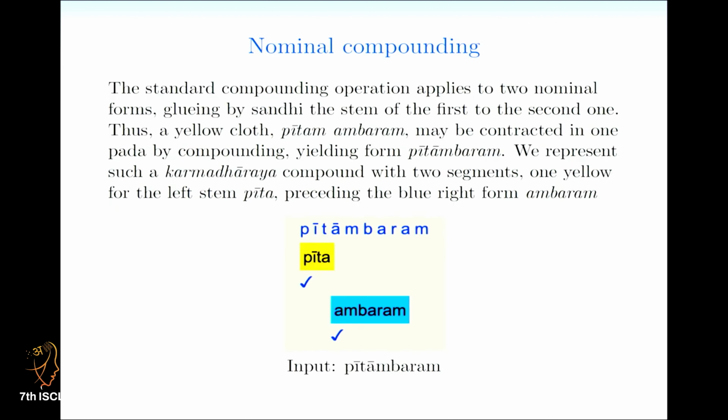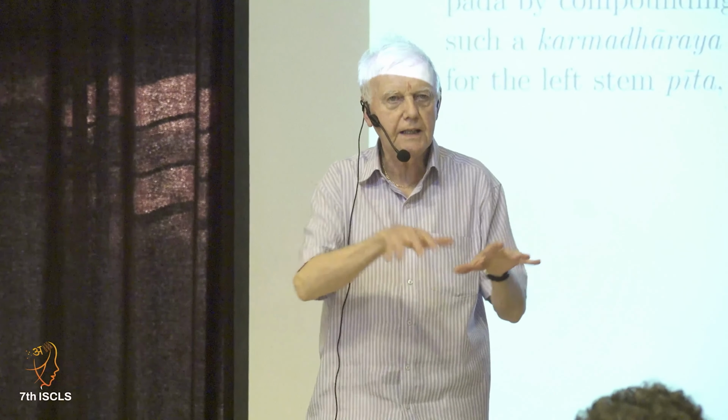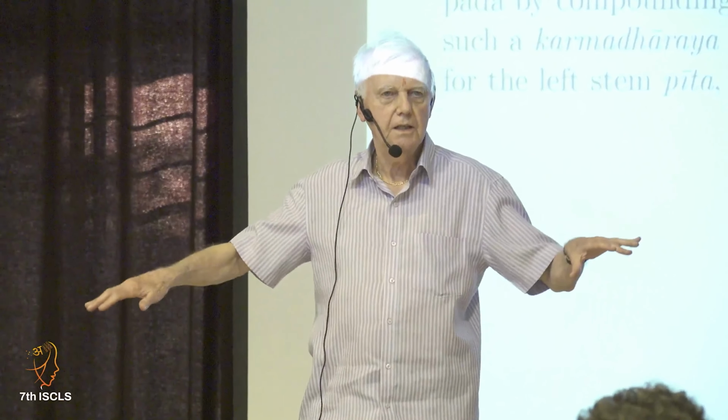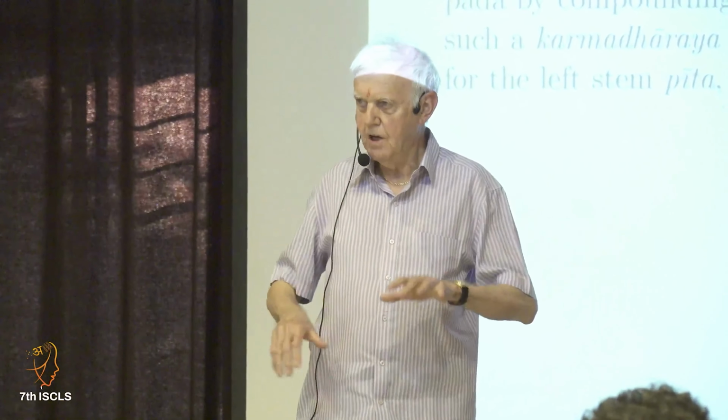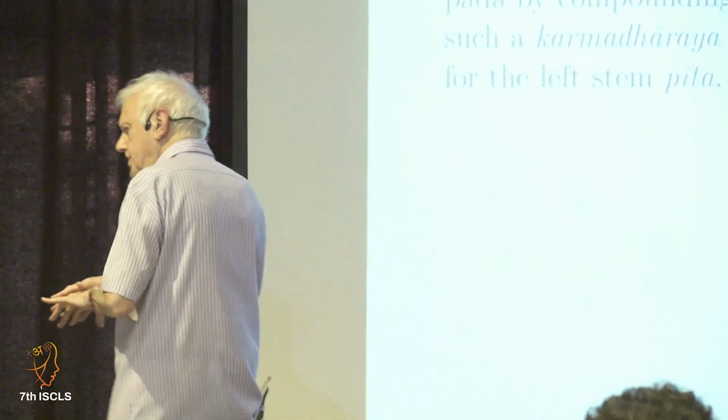But when we go into compounds, we could represent compounds as blue, yes, but if you have some kind of long compound, you would like to break it into its segments, yes, and the segments will be, in general, the stem forms. And I've chosen the yellow color for stem form.